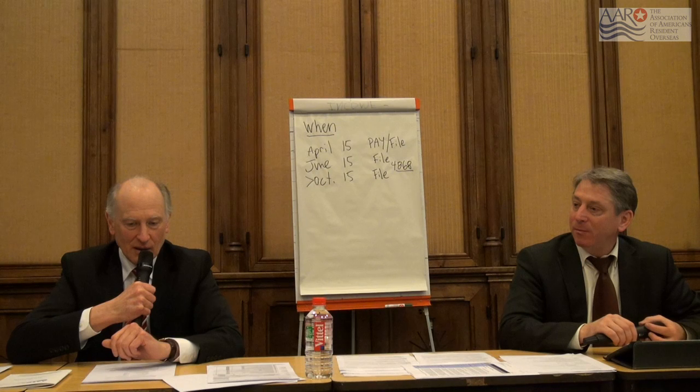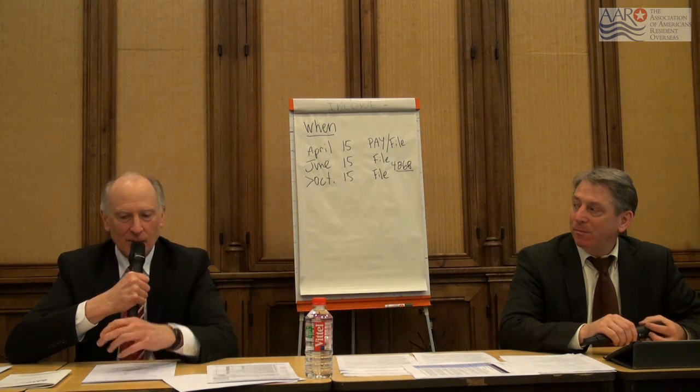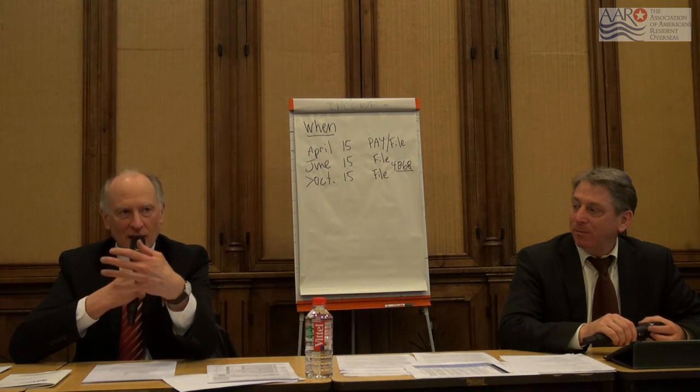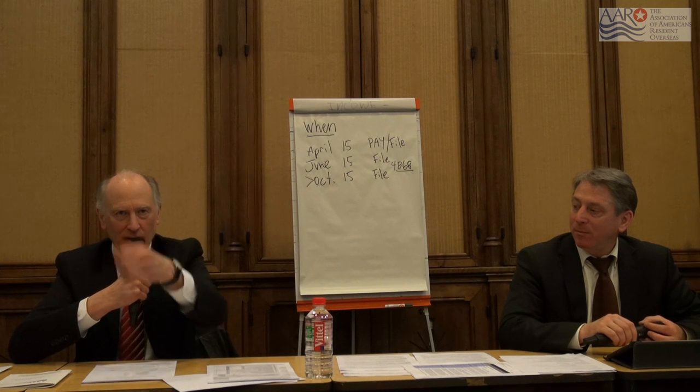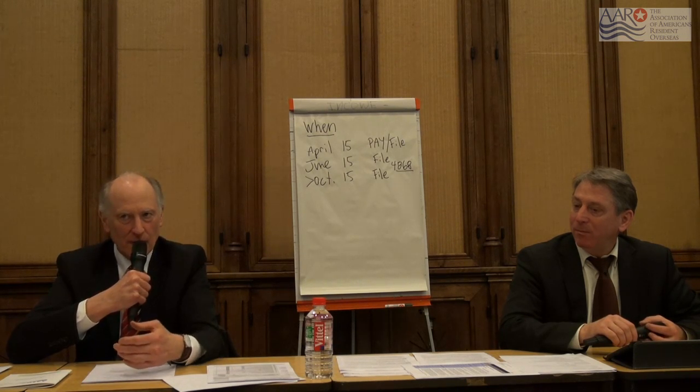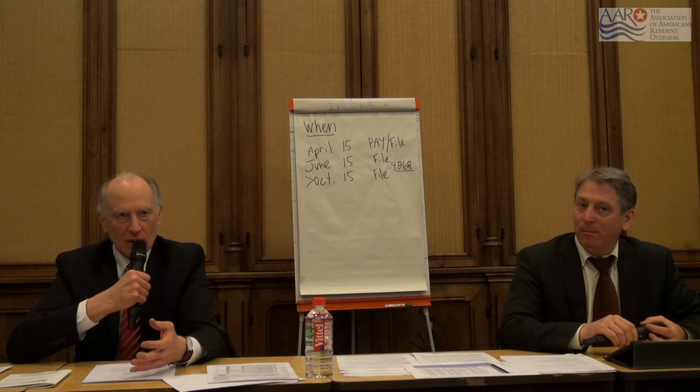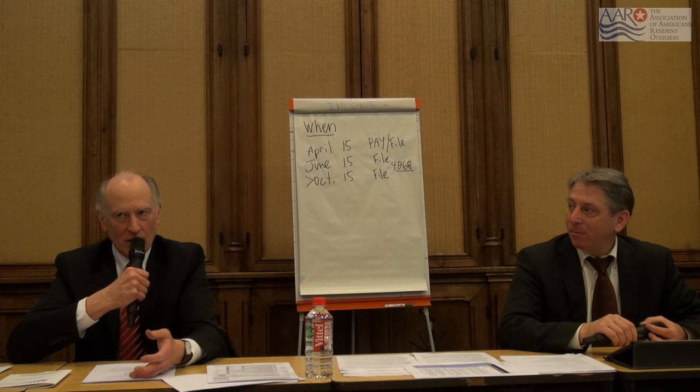Well, basically, if you have a dependent, if you have a child, and you want to claim him or her on your U.S. tax return as a dependent and get an exemption, it's a deductible amount of $3,800, the child has to either be a U.S. citizen or a resident of the U.S., Canada, or Mexico, or an adopted child.